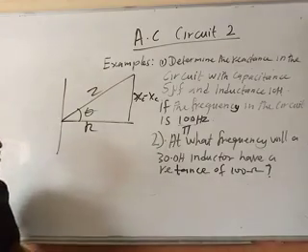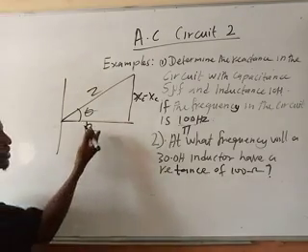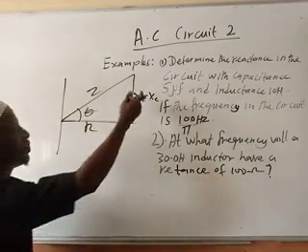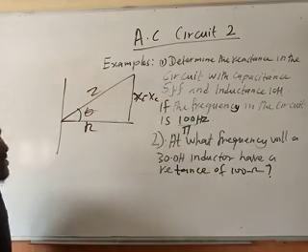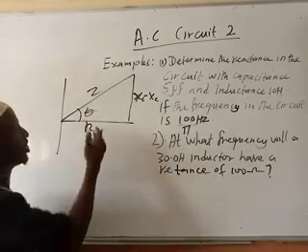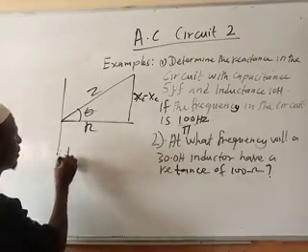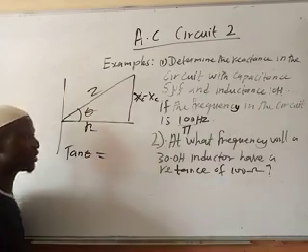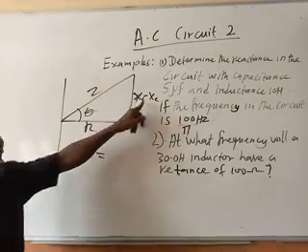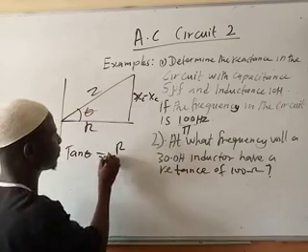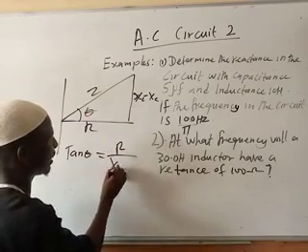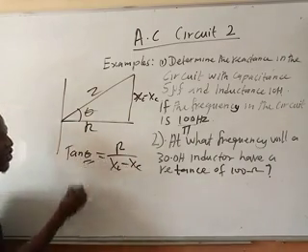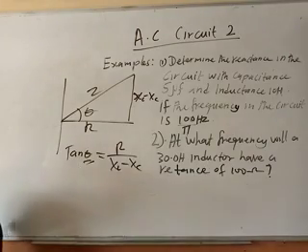If you have to calculate phase angle, you can use this over this, which will give you cos theta. Then you can use this and this, which will give you sin theta. Or mostly they use this and this, that is tan. So tan theta to get the angle is equal to opposite over adjacent. That is XL minus XC over R. So whatever you get here is called phase angle.